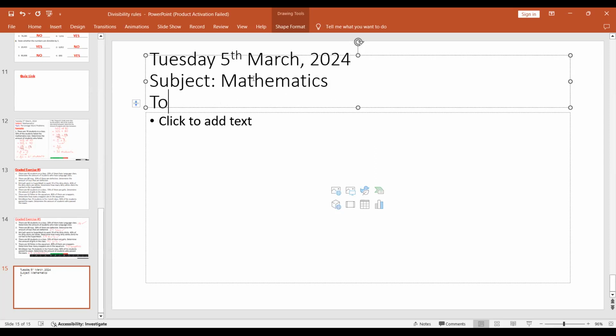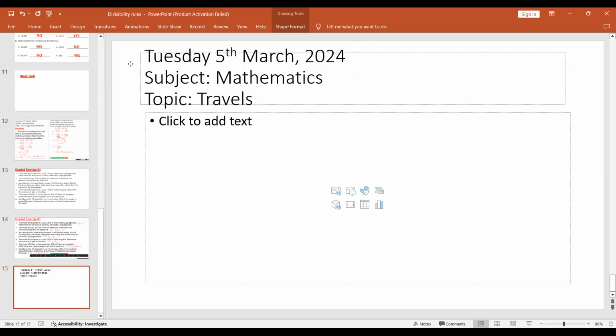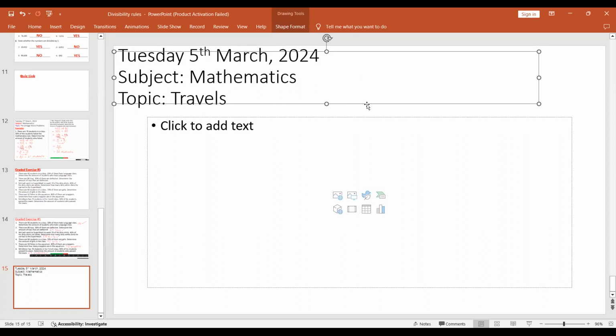And we're still looking at travel graphs, or you might call them distance time graphs. So, distance time graphs.